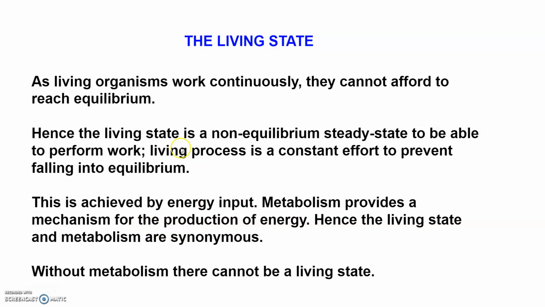Whenever they are in a non-equilibrium steady state, they are able to perform work, and for this they require energy input. Metabolism is the process which provides this energy. So the living state and metabolism are synonyms, because the living state means metabolic reactions are going on, and without metabolism, the living state cannot be achieved.